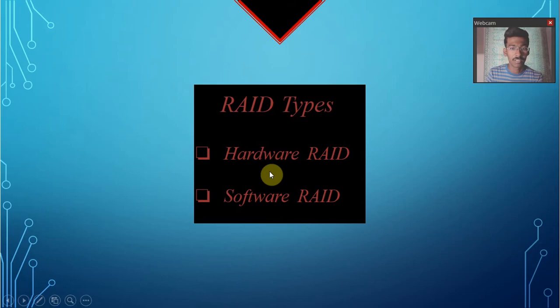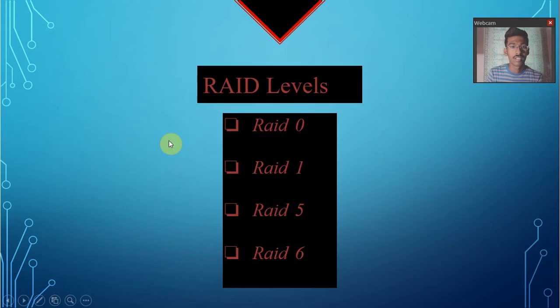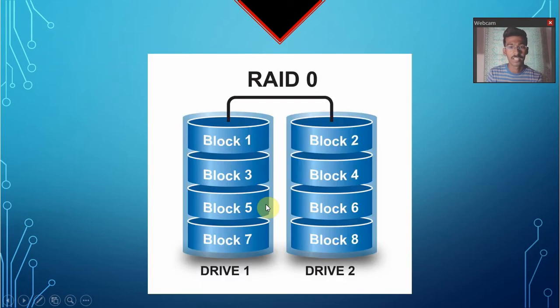And coming to RAIDs, there are two types of RAID: hardware RAID and software RAID. This is the hardware RAID controller. There are four types of RAID levels: RAID 0, RAID 1, RAID 5, and RAID 6.